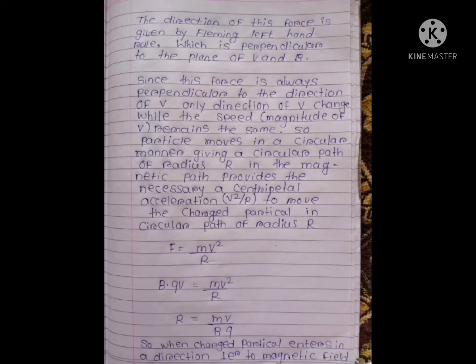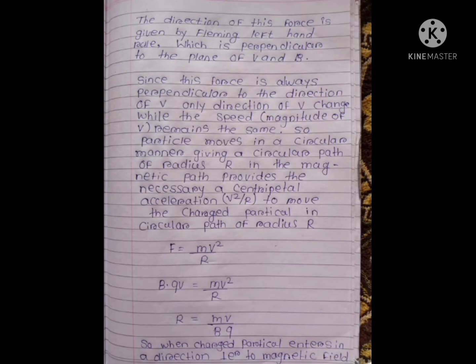So the particle moves in a circular path of radius r in a magnetic field. The magnetic force provides the necessary centripetal force, mv square upon r, to move the charged particle in a circular path of radius r.